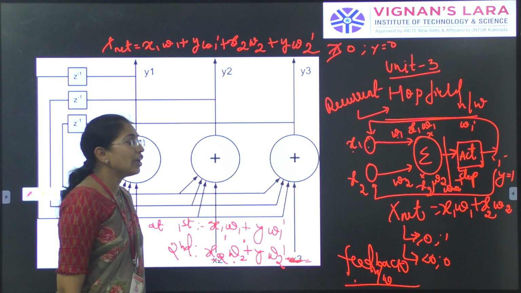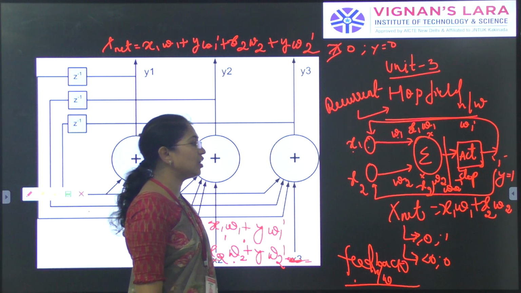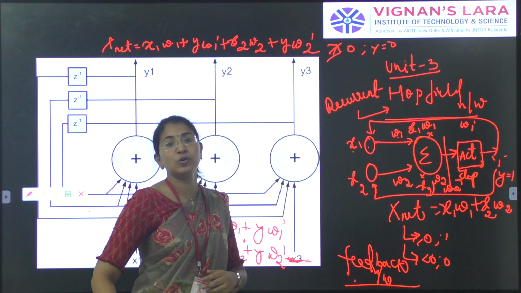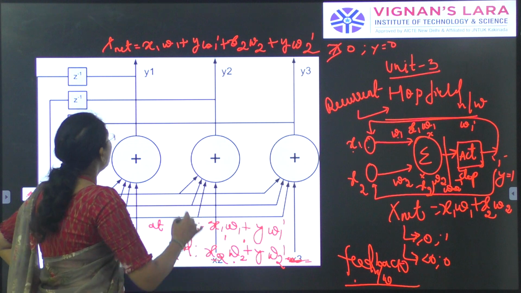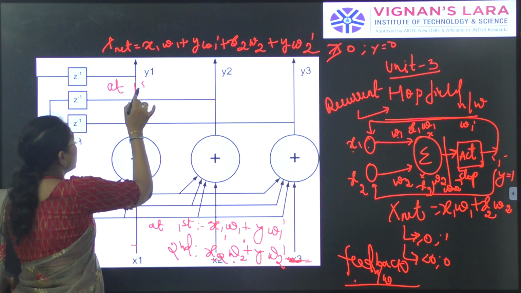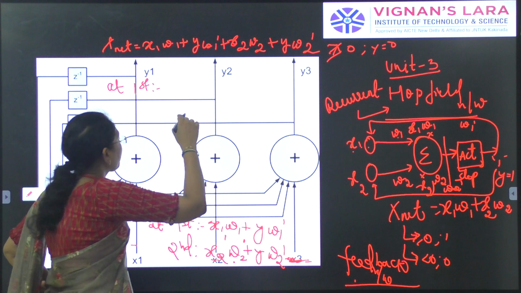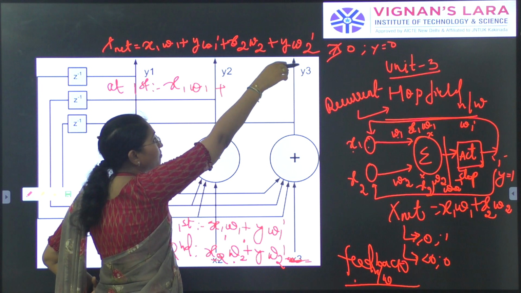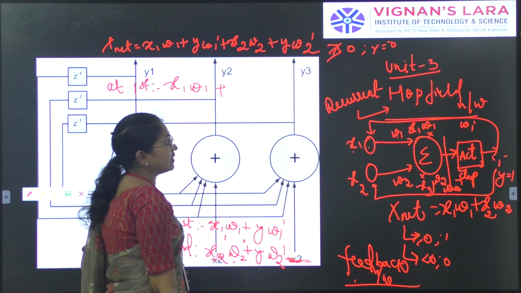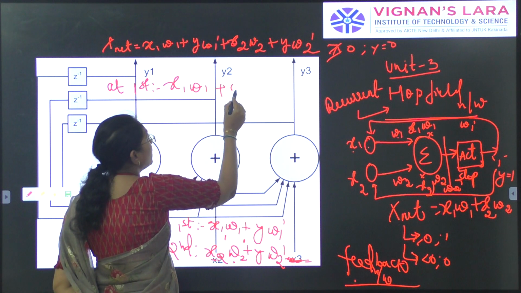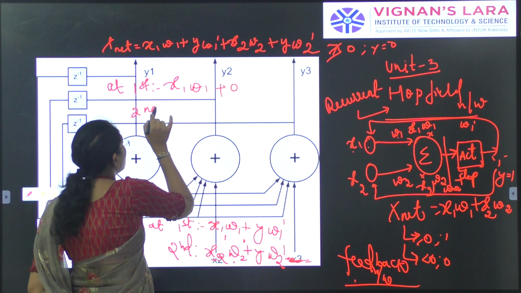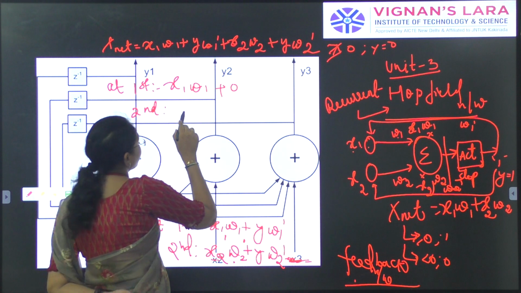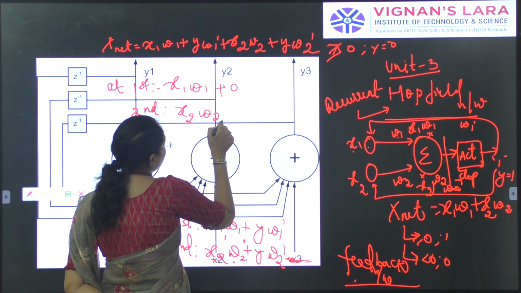Now this output y, which is 0, is fed as one of the inputs to the two inputs of the network. Again we need to perform computation. At the first input, x1 w1 plus what is y? You are getting y as 0. So 0 into w1 dash, you get 0. This is the first input. At the second input, x2 w2 plus 0.